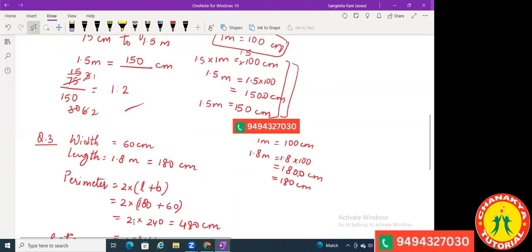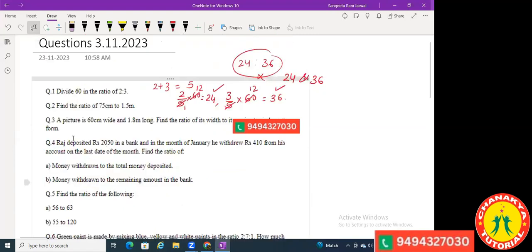Okay, now see the next question. Raj deposited rupees 2050 in a bank, and in the month of January he withdrew 410 rupees from his account on the last day of the month. Find the ratio of money withdrawn to the money deposited. So money withdrawn was how much?